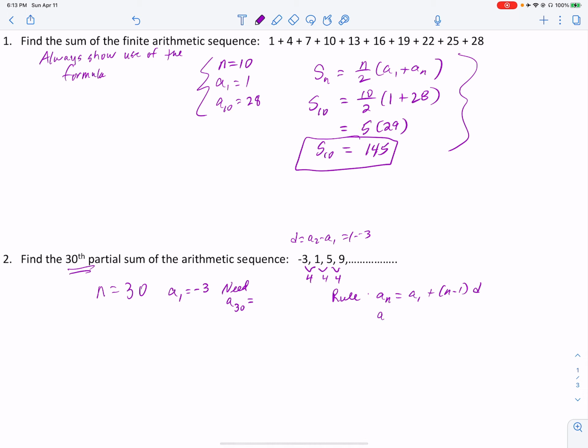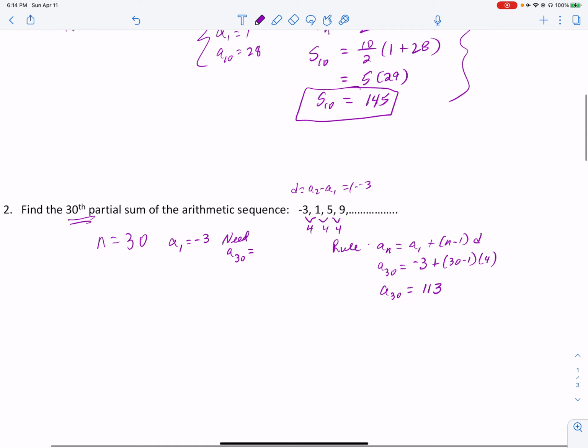And so I need to find the 30th term, and my first term is negative 3, n is 30, and my common difference is 4. So a sub 30 is going to be negative 3 plus 29 times 4, and that comes out to 113, because I need that 30th term. So now I know it.